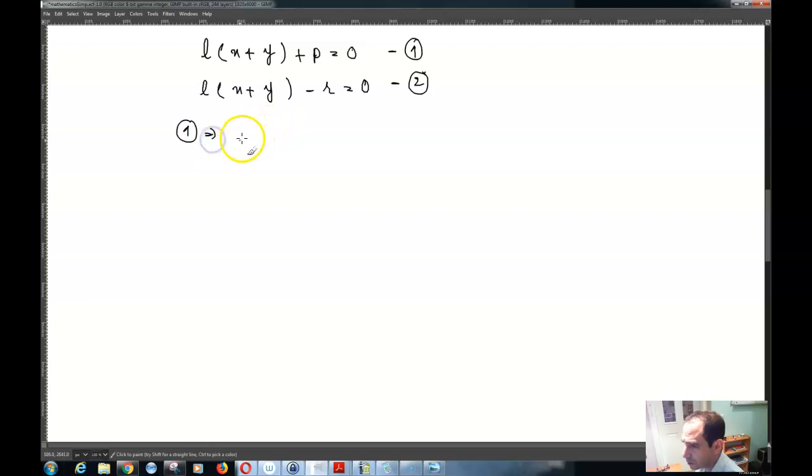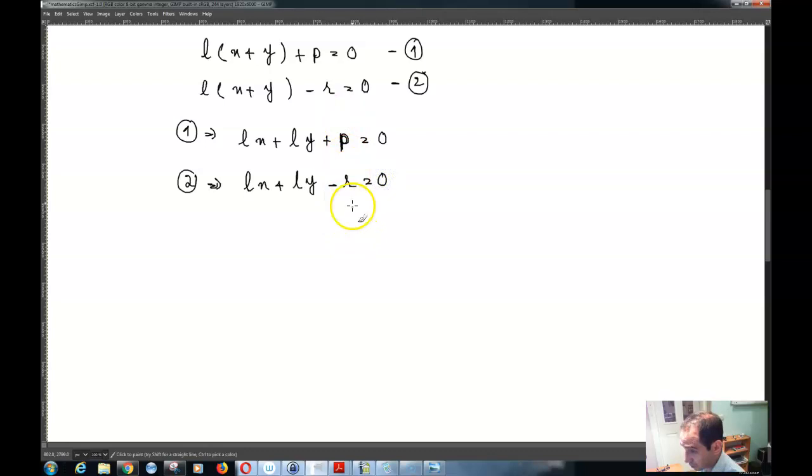Number 1 gives me basically Lx plus Ly plus p is equal to 0. So that means that basically your a and b are equal. And then 2 gives me basically Lx plus Ly minus r is equal to 0. So of course the c's are different.